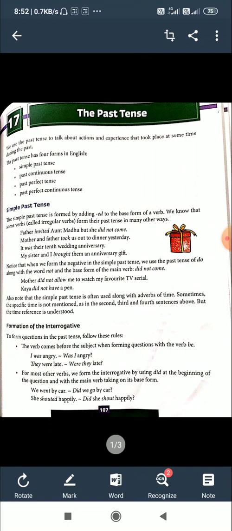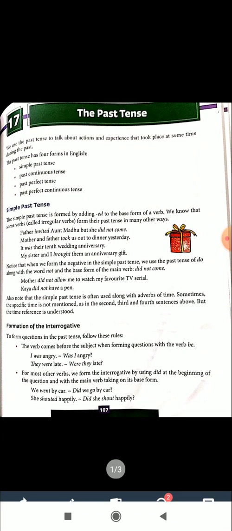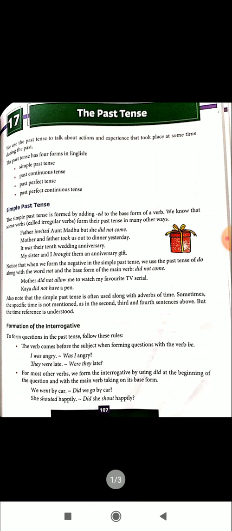My sister and I brought them an anniversary gift. Notice that when we form negative in the simple past tense, we use the past tense of do along with the word not and the base form of the main verb: did not come.